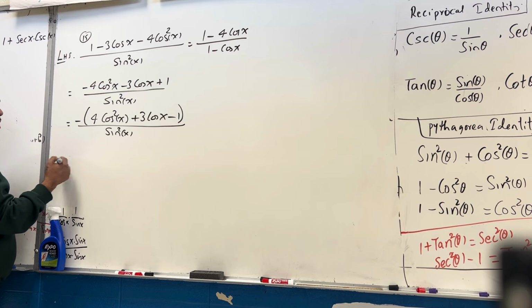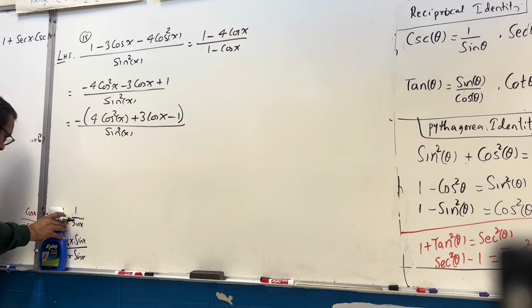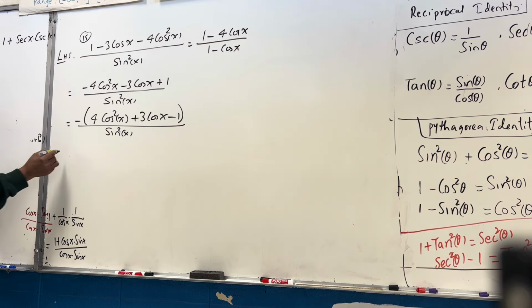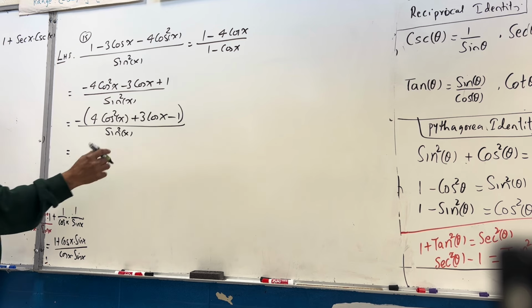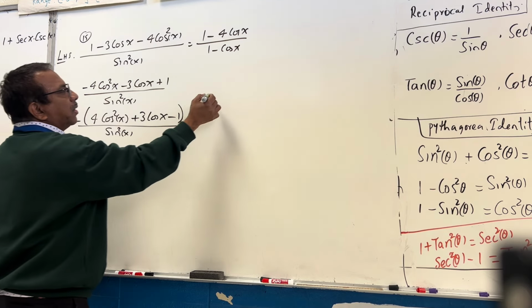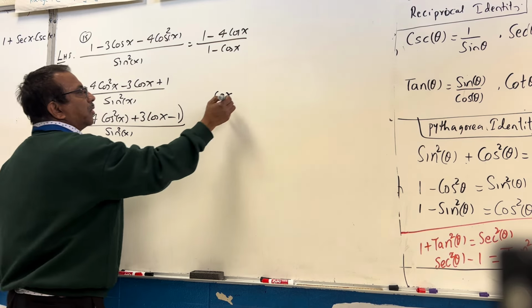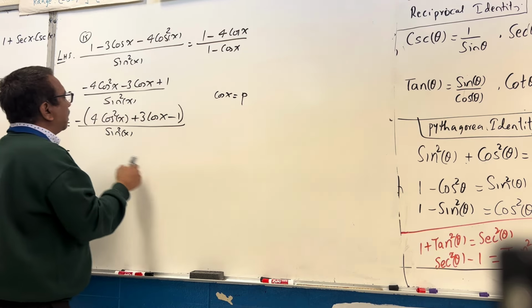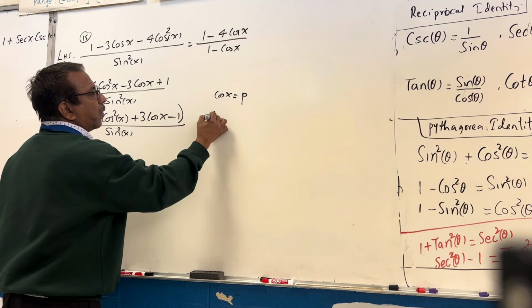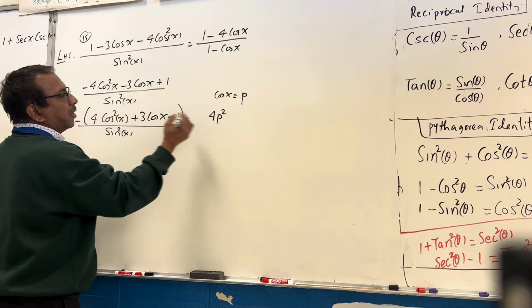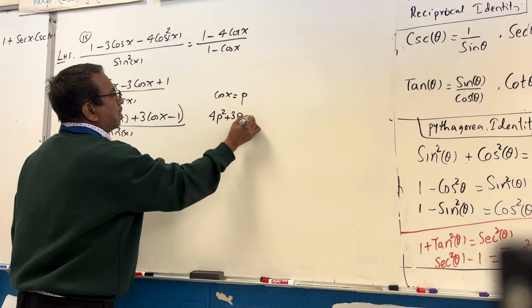Now the numerator, we can work on it separately. If I put cosine of x equals some variable p, this becomes 4p squared plus 3p minus 1.